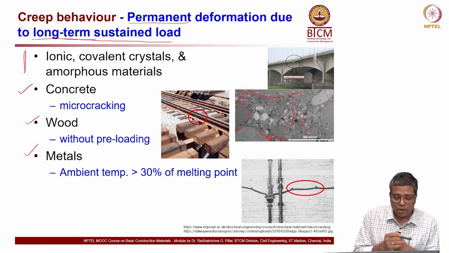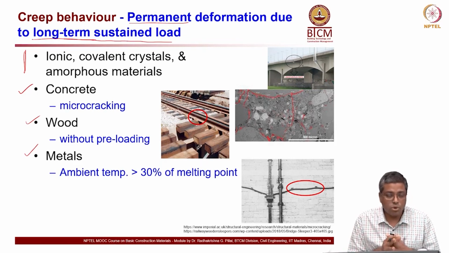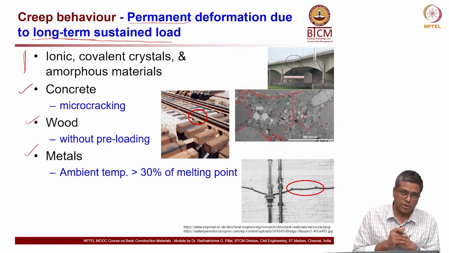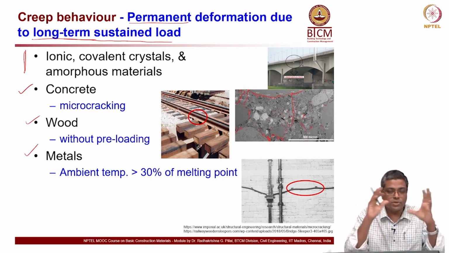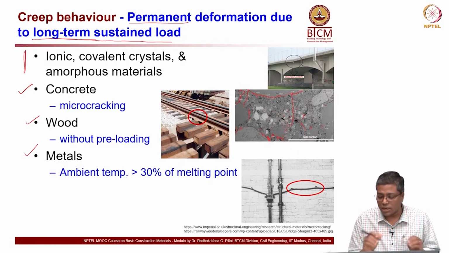Now, in concrete, how this happens is because of this long term sustained load, there could be micro cracks which form inside the concrete. It is not like a large crack which you see outside, but we are talking about micro cracks which form inside the concrete.